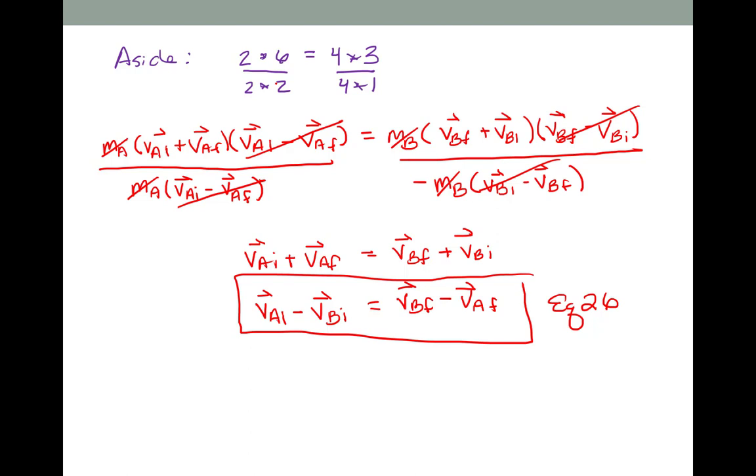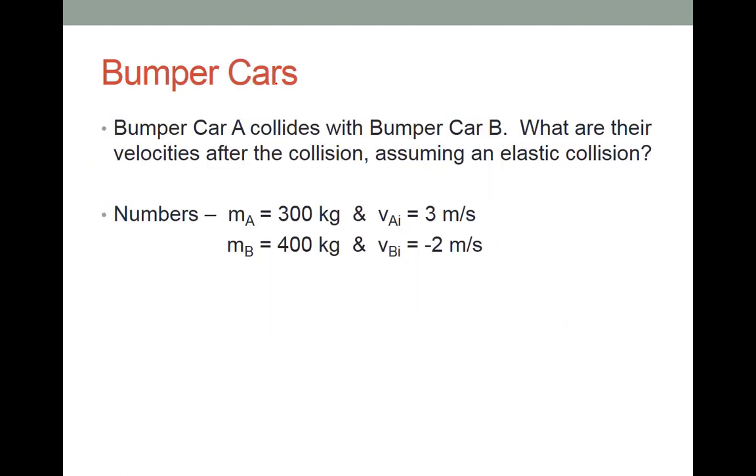Okay, so now let's do an example of this involving bumper cars. So bumper car A collides with bumper car B. We want to know what their velocities are after the collision. So we're going to begin by drawing our pictures. So here is the initial.